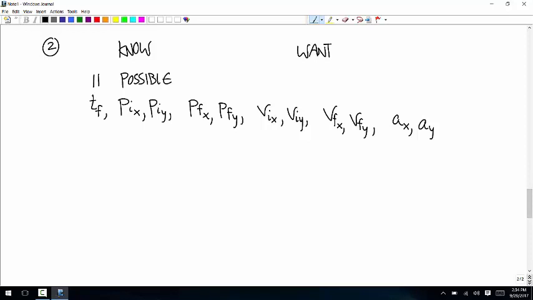And then step 3, just like in 1D, now we have to find an equation that has the variable you want, and all the other variables in the equation are known.